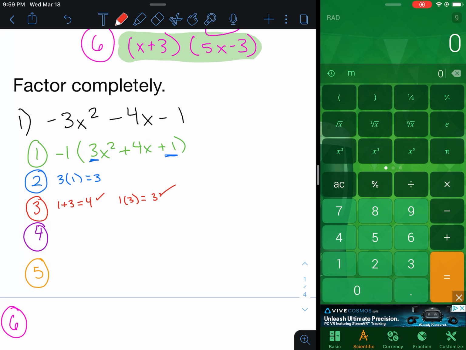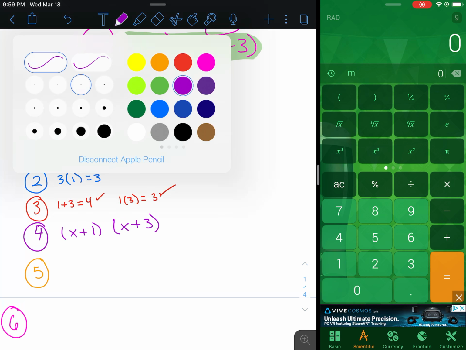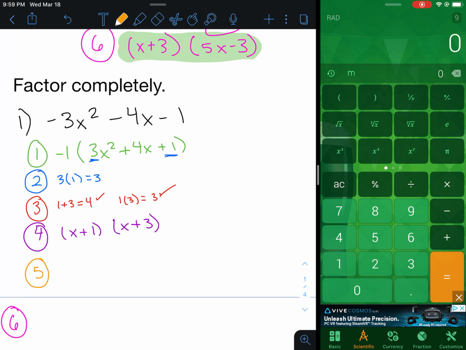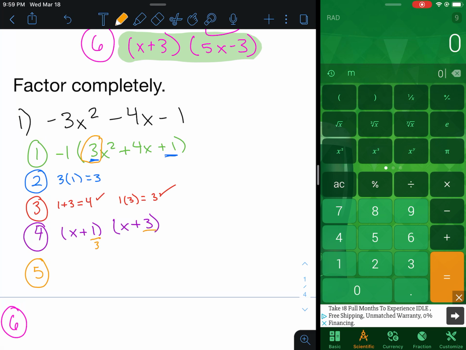So it ends up working out. So we rewrite it as x plus 1 and x plus 3. Once we have that, then we are going to divide by our original a and simplify. So our original a is actually going to be this one here once we factored out the greatest common factor. So it is a positive 3. And then we reduce these.